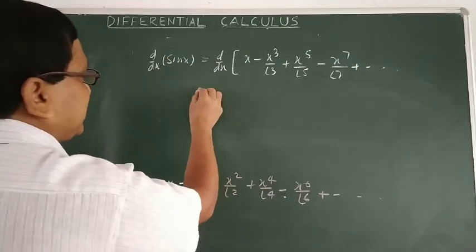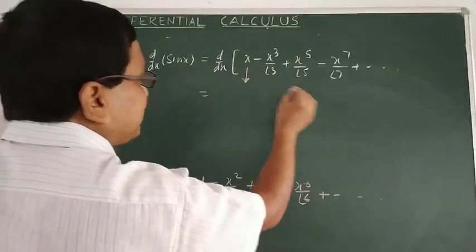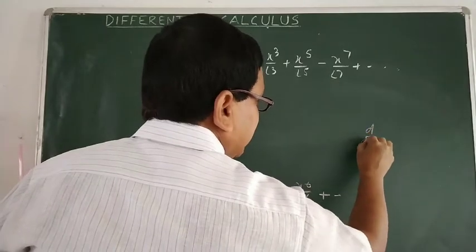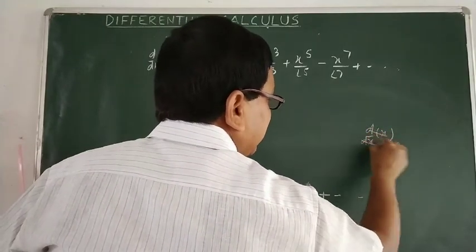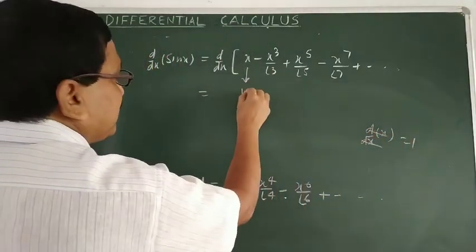So just differentiate this, the differentiation of x, d by dx of x right here, both are same. So this is 1 minus.